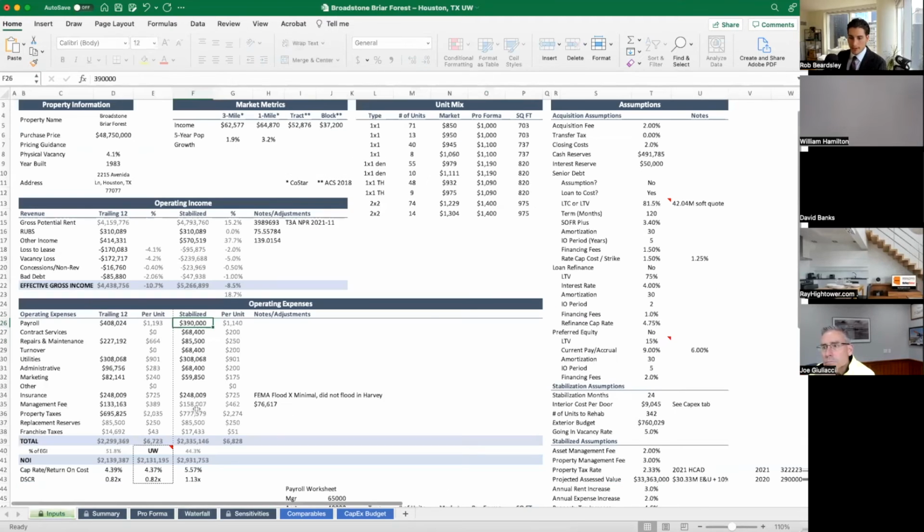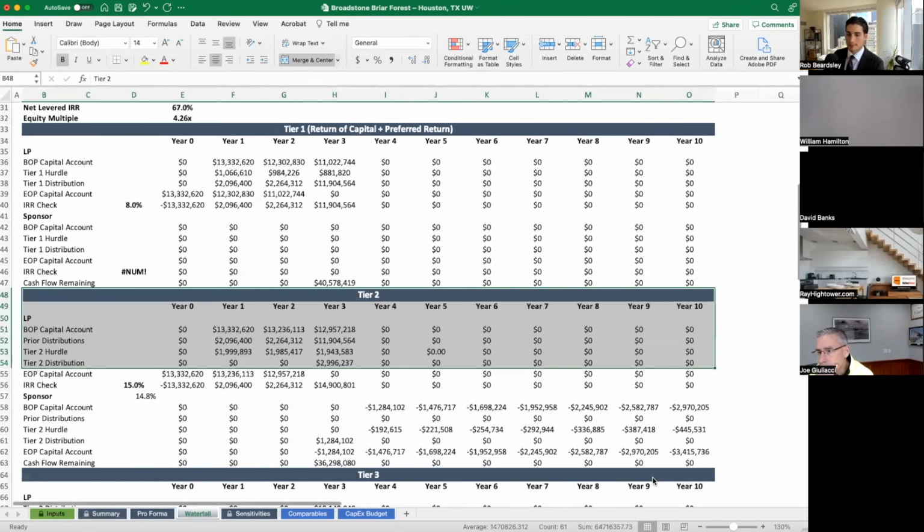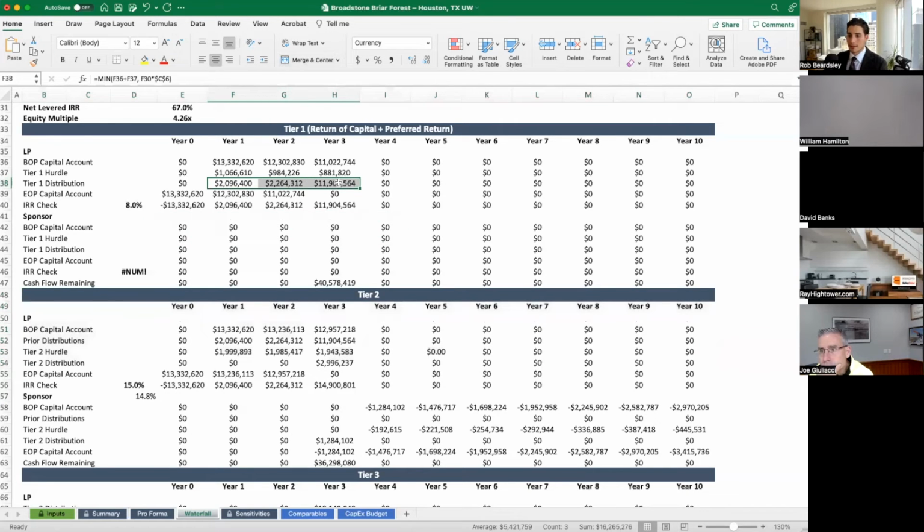So if I quickly get back to my dream scenario of not paying any insurance, payroll, or taxes or anything, you can see in tier 1, we can't move on to tier 2 until we have reduced the capital account to 0 and met the 8% pref. And in spite of these fabulous cash flows, we actually don't do that until the sale.